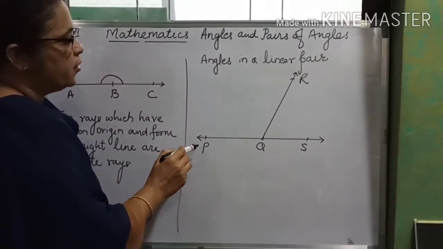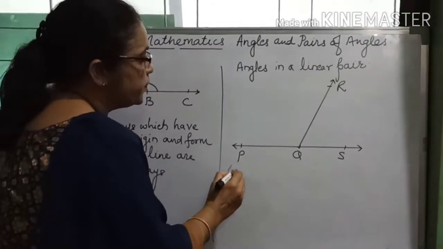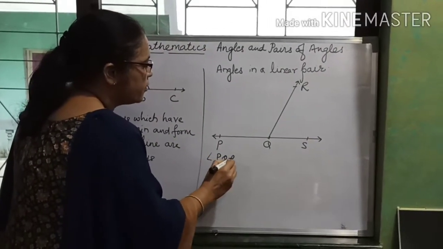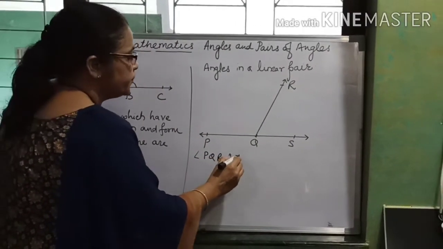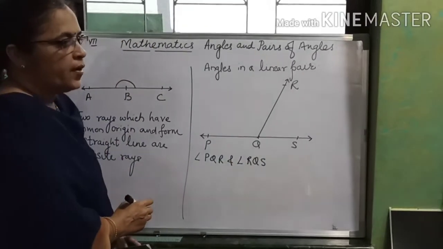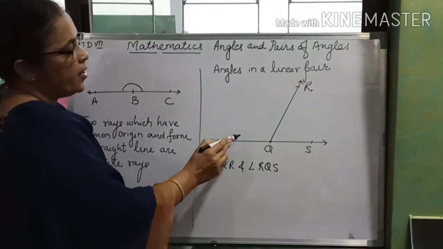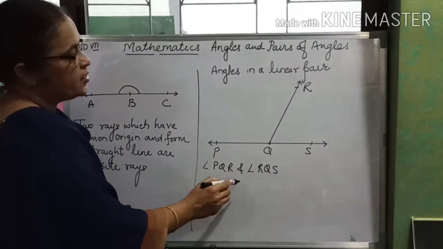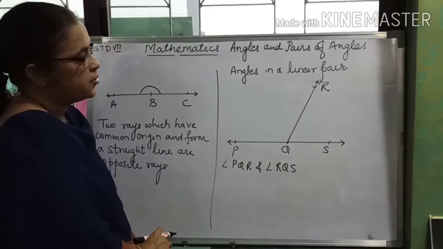Look at this figure. Angle PQR and angle RQS. These are which type of angles? They are adjacent angles as well as they are supplementary angles.